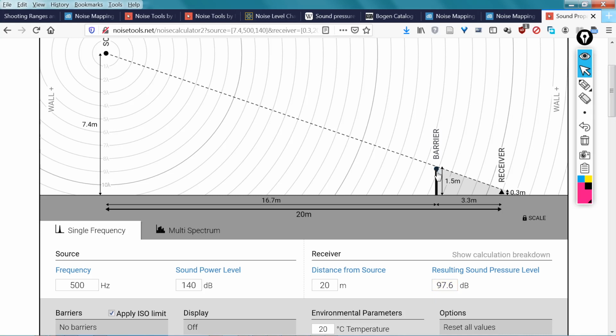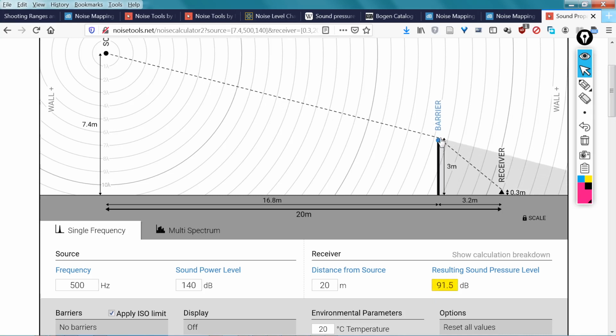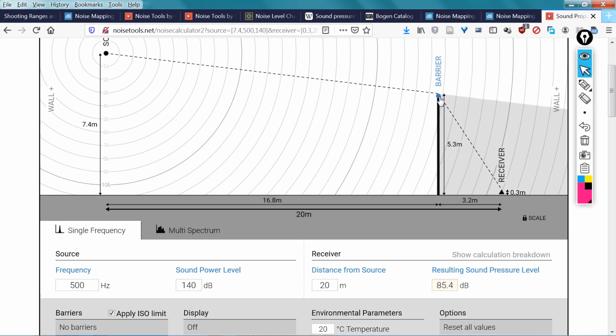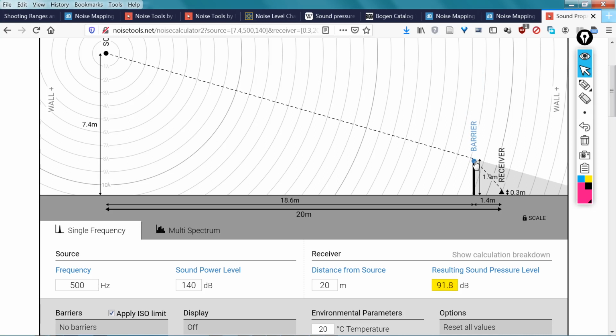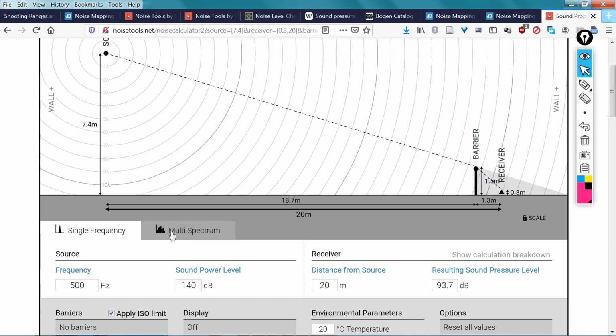But anyway, if you were to increase this a little bit, you'd see how the decibels go down, or bring it closer, it goes down. But you see, it doesn't really reduce it to 0. So this will give you another tool where you can play with and understand the effects of barriers or absorbing things. And you can not only do tonal, but you can do multi-spectrum.